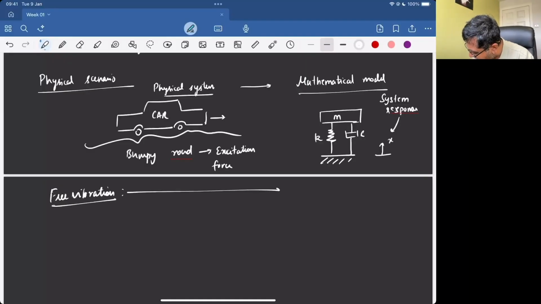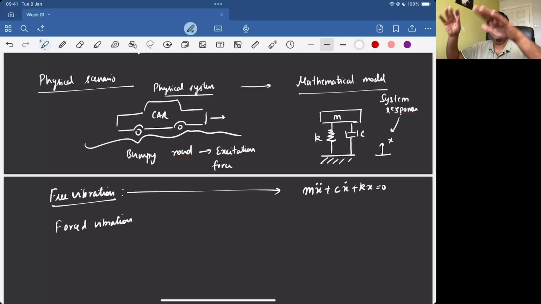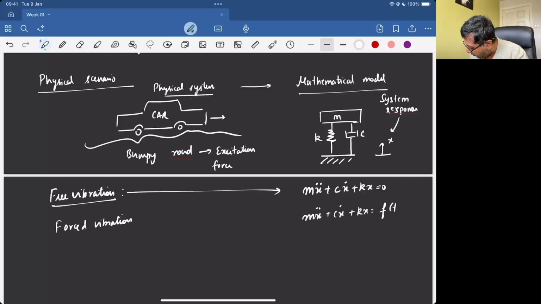In this case, our mathematical equation becomes m x double dot plus c into x dot plus k into x equal to 0. Or we can have a scenario of forced vibration. How will the car behave as it continues to go on the surface? So this excitation force continues to be applied. Then I can say m x double dot plus c into x dot plus k into x equal to some f of t.